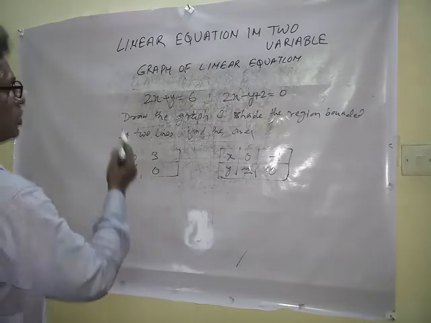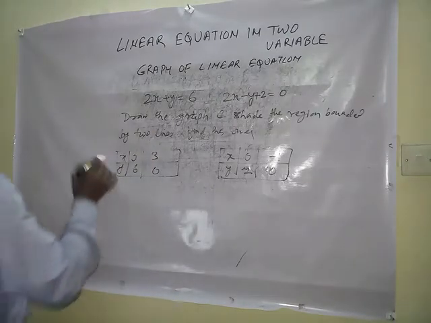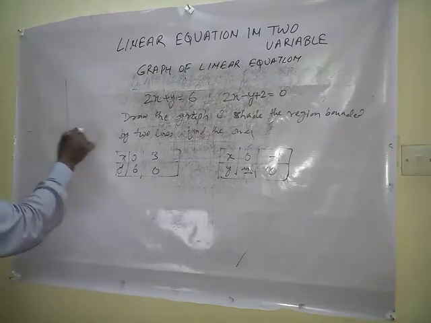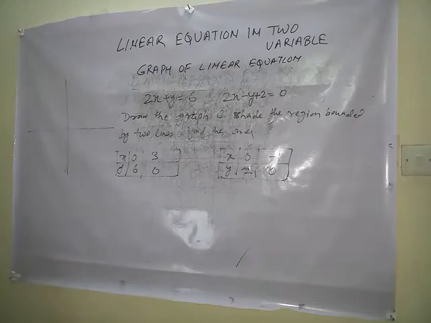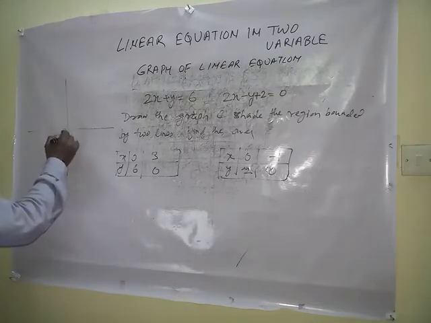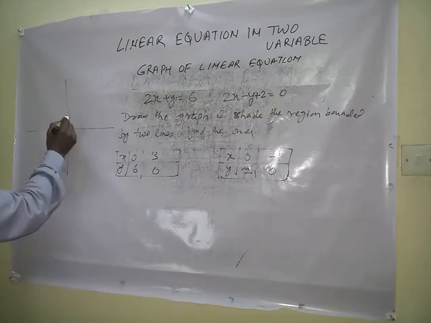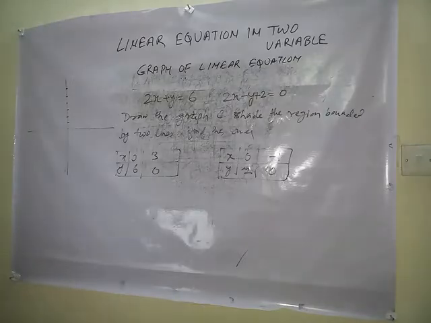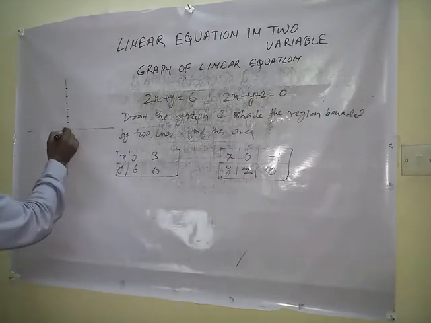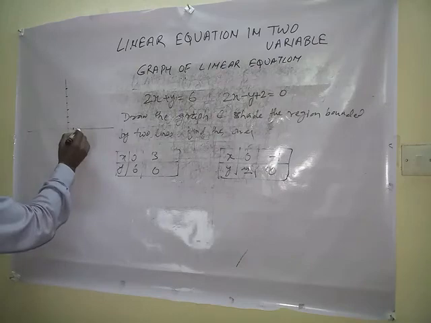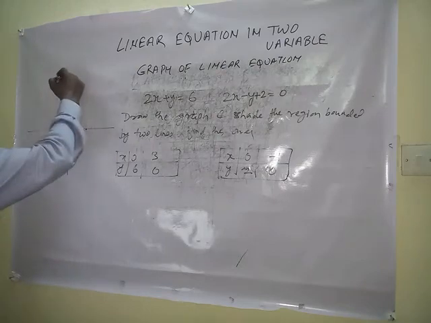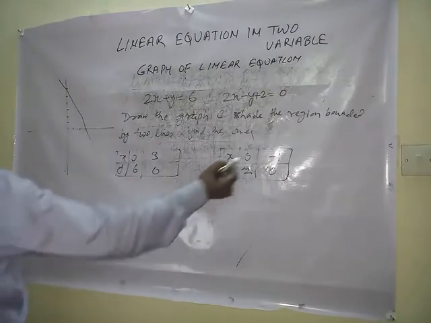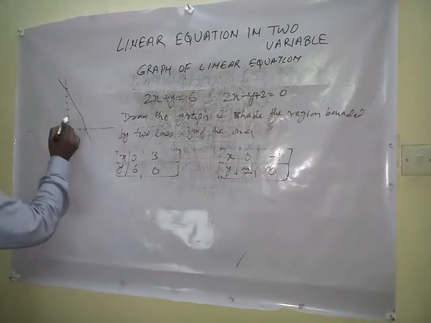Now you can draw the graph on one plane. Let us go here. X is equal to 0, y is 6. This is y. 1, 2, 3, 4, 5, 6. This is point number 1. Then 3, 0: 1, 2, 3, so 3, 0. So one line will be crossing these. Then x is equal to 0, y is equal to 2.